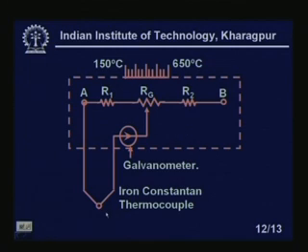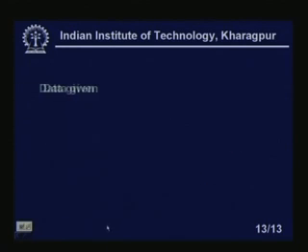So, these are iron constantan and thermocouple, right. The fixed voltage is 1.215 volt, a standard voltage which will not vary, applied across the points A and B, and we have a galvanometer to know the current. Now, we are also given some data.